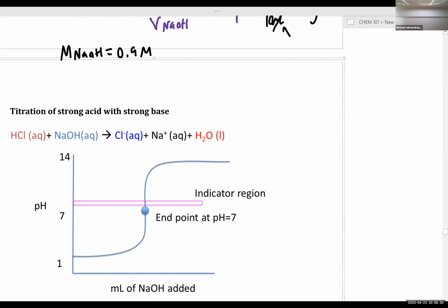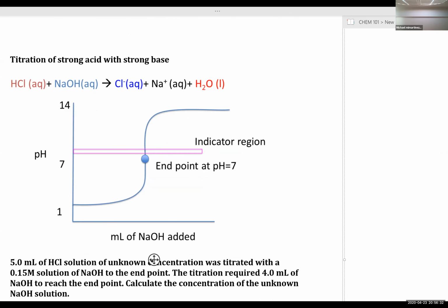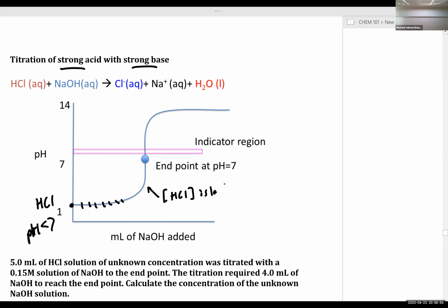Okay, let's give everyone a chance to test their own understanding. So we're titrating a strong acid with a strong base. Initially, we have a solution of HCl, which has a pH of less than 7. As we continue to add our sodium hydroxide, eventually we reach a point where the concentration of HCl is low.